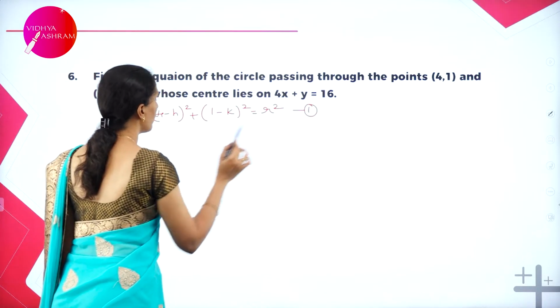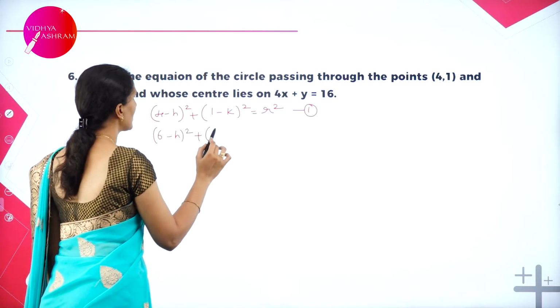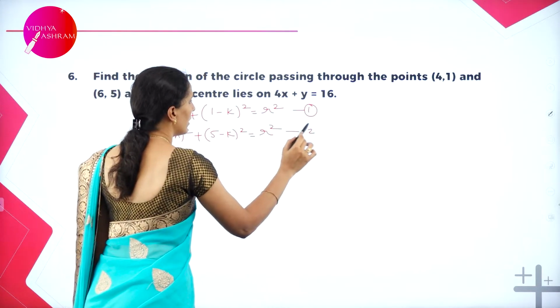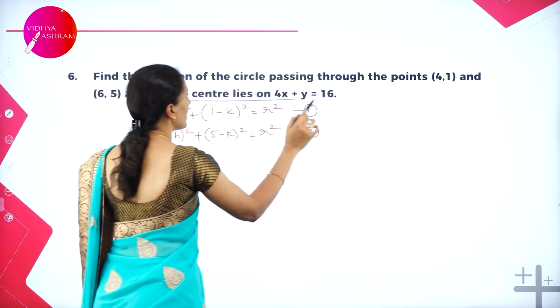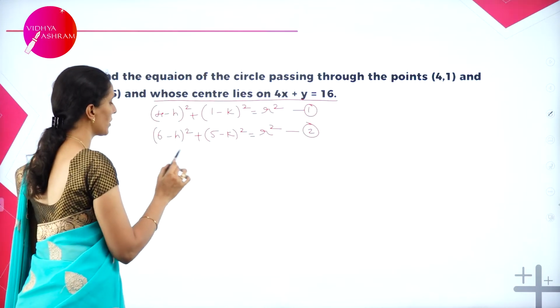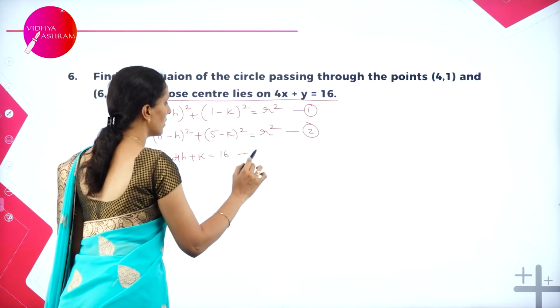Take it as equation 1. Again I can write (6 - h)² + (5 - k)² = r². Next, they have given the center lies on the line 4x + y = 16, so I can write 4h + k = 16.